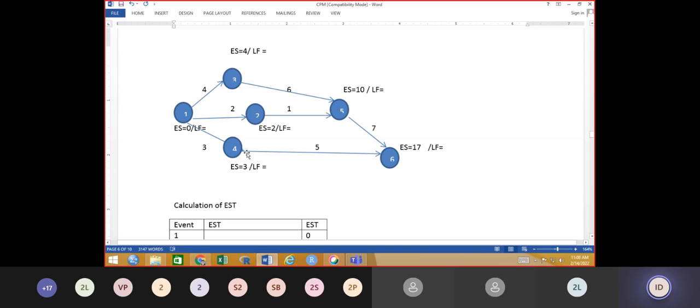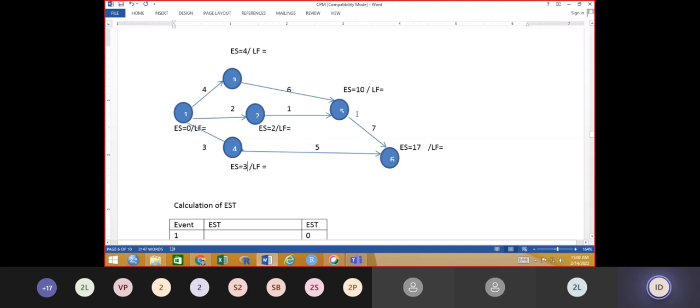Now 4 to 6 is started at 3, and when will it finish? The duration 5 plus 3 is 8. But this is not the answer, because there are many other paths, so the maximum time has to be considered.